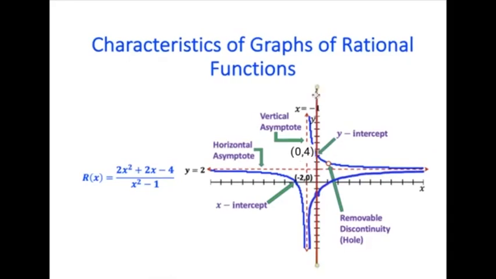A really good visual of whether a relation represents a function or not is the vertical line test. Now, if we run a vertical line across our relation here, notice that it crosses in more than one place.